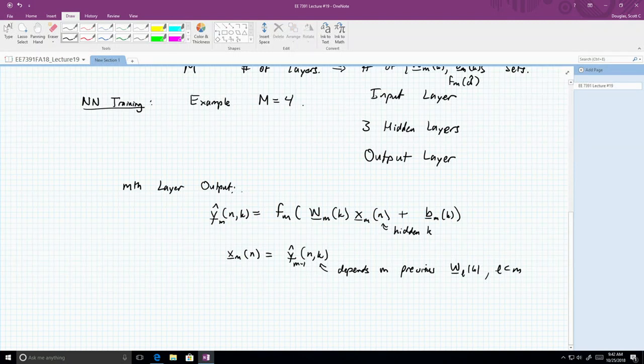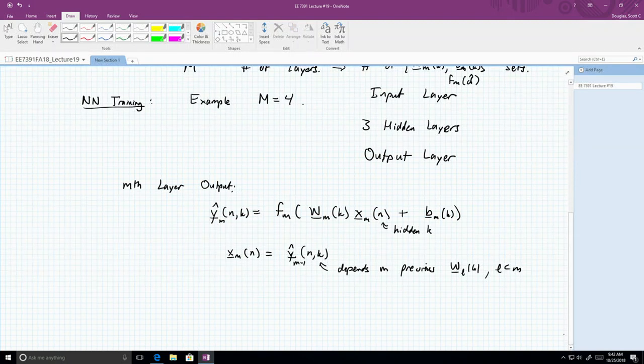And then of course we talked about cost functions, and the example I'm going to use here is sum of squared error.